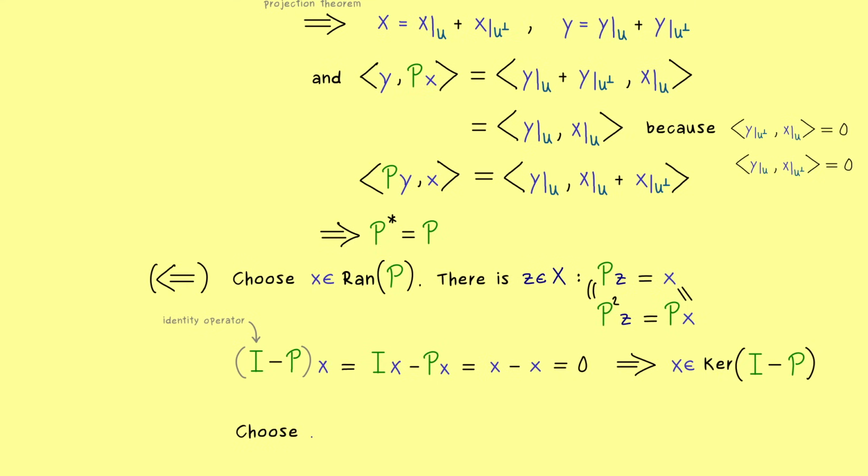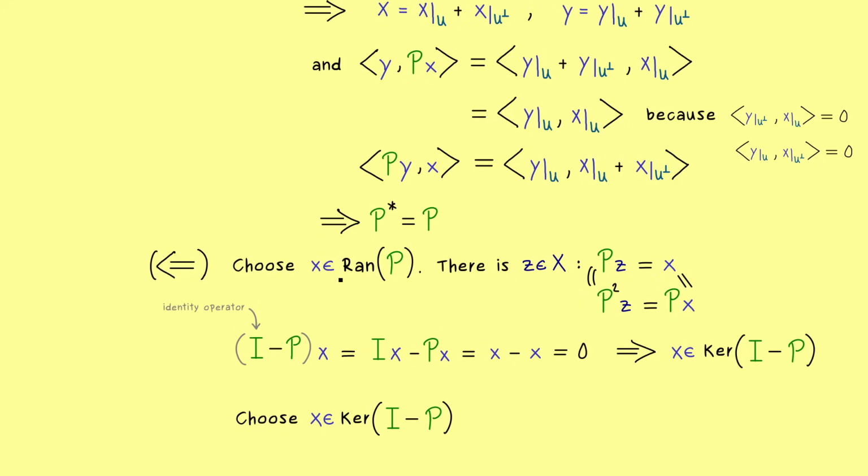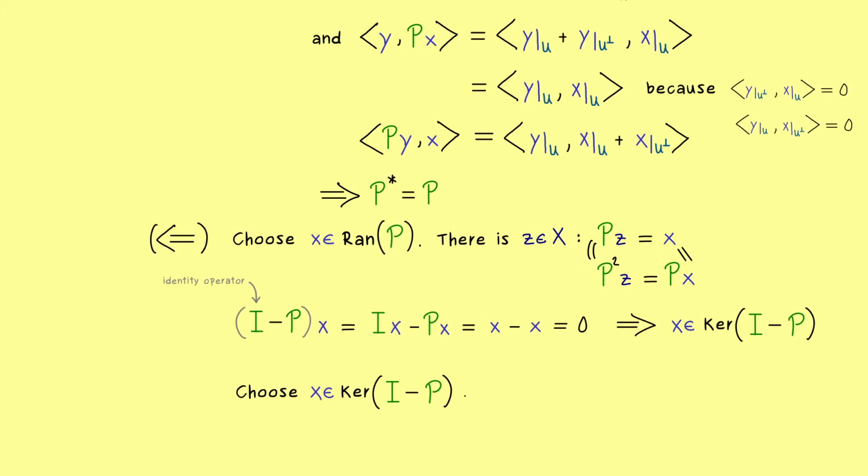And now you might already guess that we can also show the other subset relation. This means now we choose our x from this kernel and then we show that x also lies in the range of P. And this is not so complicated because the kernel already tells us that we send this vector to the zero vector. Therefore, what we simply get here is x minus Px is equal to 0.